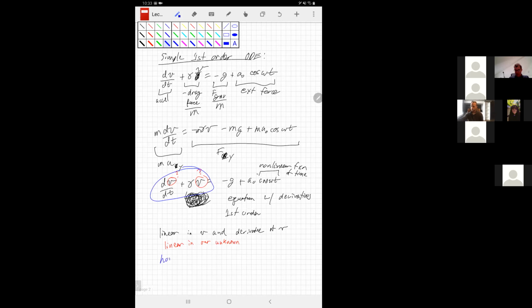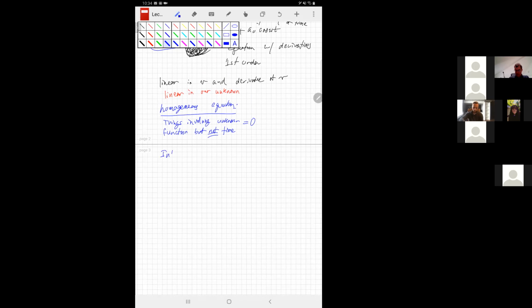A homogeneous equation can be written crudely as things involving our unknown function, but not time, equals 0.